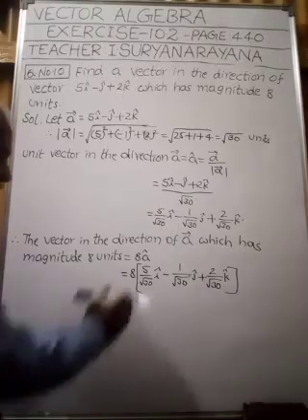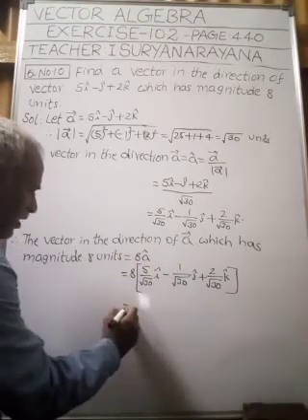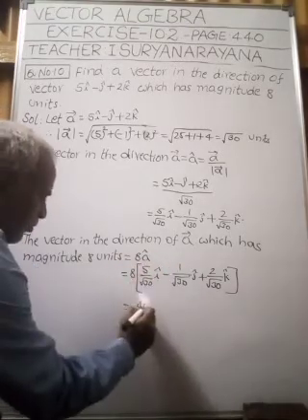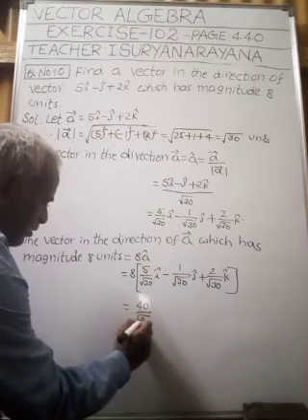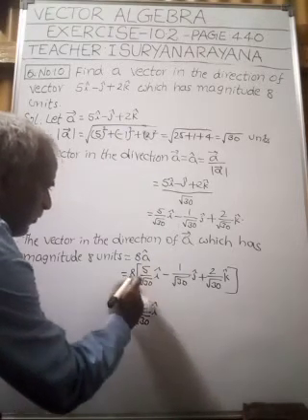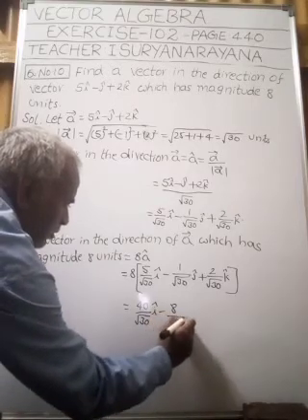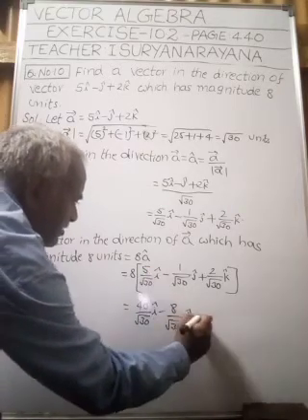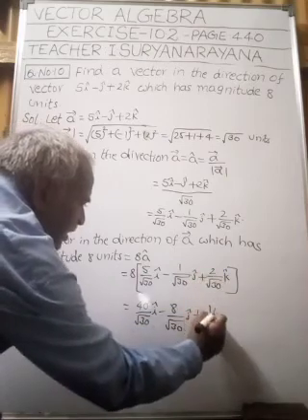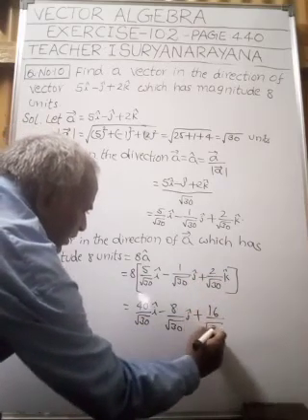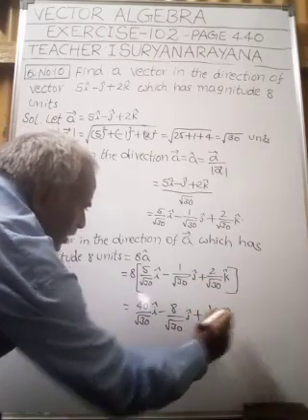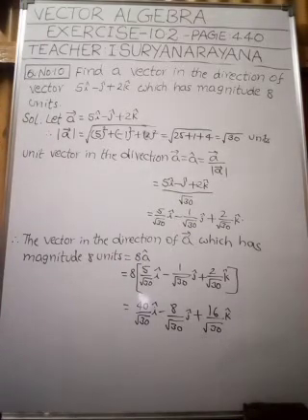Right. Now let us use the distributive property. 8 into 5 is 40 by root 30 i cap minus 8 by root 30 j cap plus 16, 8 into 2 is 16 by root 30 k cap, which is the required vector. Understood, my children? Right.